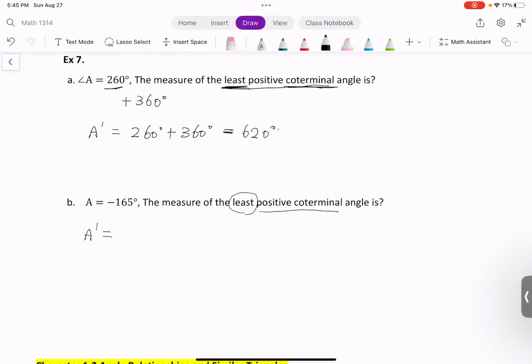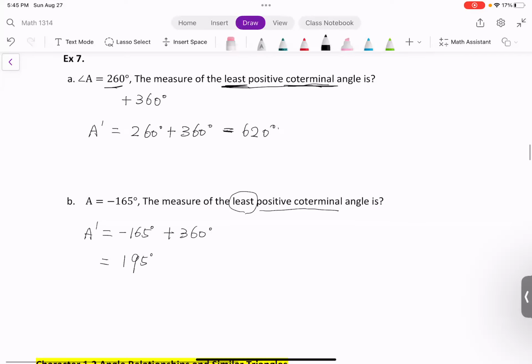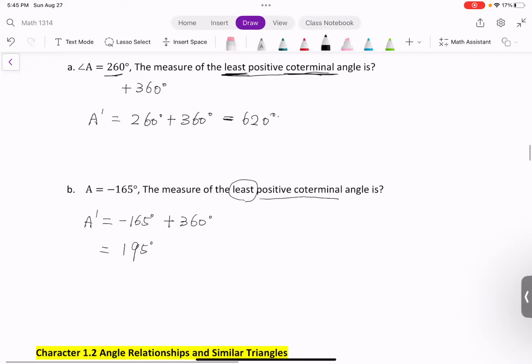Yes, we can. Negative 165 degrees plus 360. Only 1 full rotation gets a positive coterminal, and that's also the smallest one. All right, let's do the computation. That's 195. All right, we're done for 1.1.